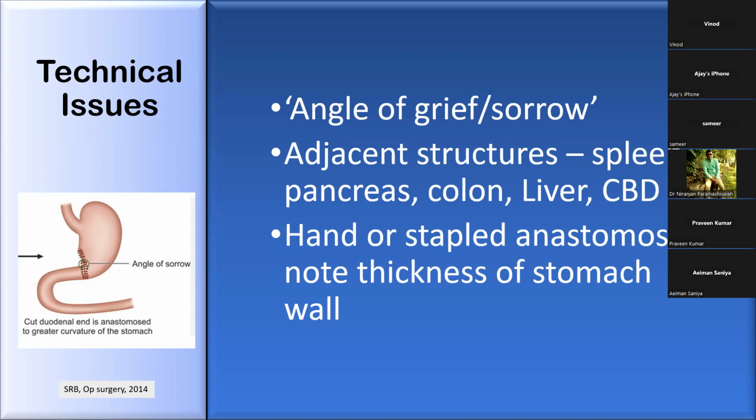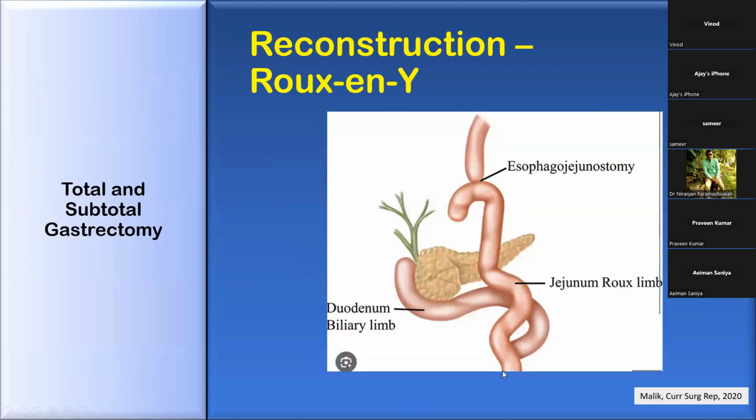Whereas if the stomach is thick or in some way hypertrophied, you need a thicker stapler, which would generally be a green stapler, 4.5 mm. So you must be careful about the cartridge that you choose, depending on the thickness of the stomach.